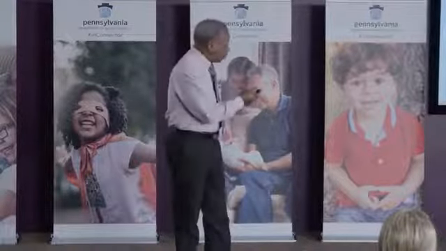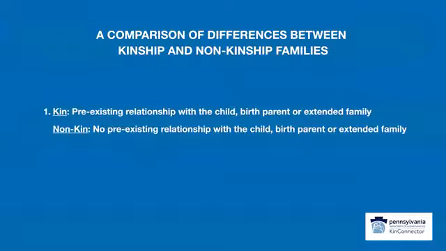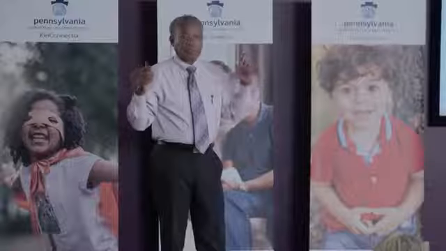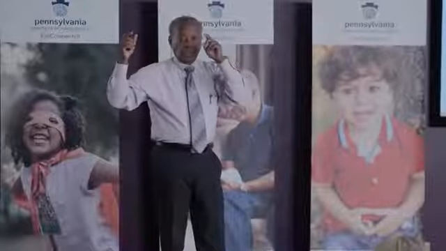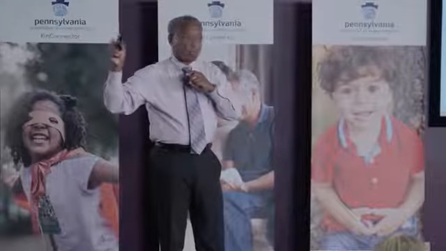So I'll start with that whole issue of pre-existing relationships, because I think that is so fundamental to how kinship care is different. If we go back to the triad of the caregiver, birth parent, birth child, what's significant is that in kinship care, there's a pre-existing relationship between the members of that triad, which does not exist between non-relative foster and adoptive parents.